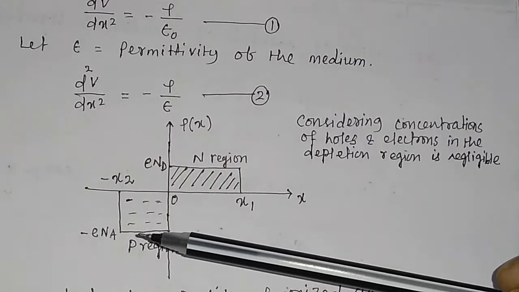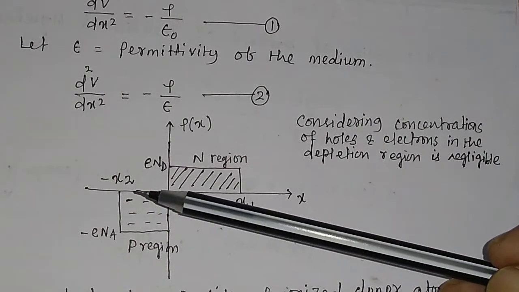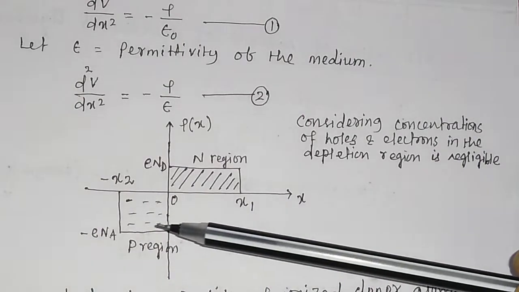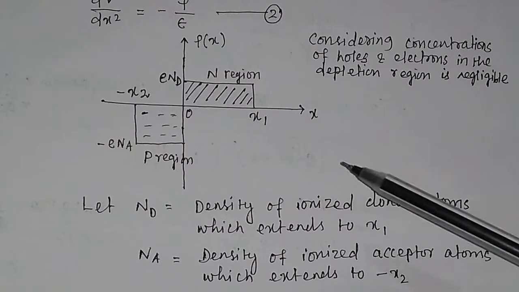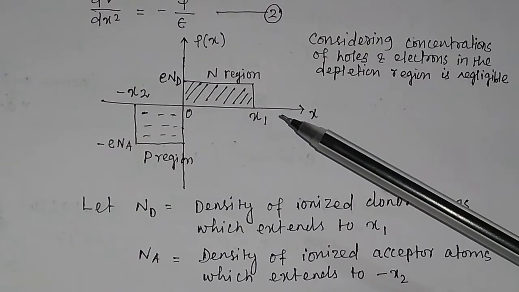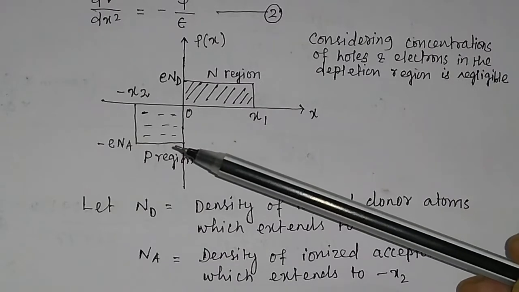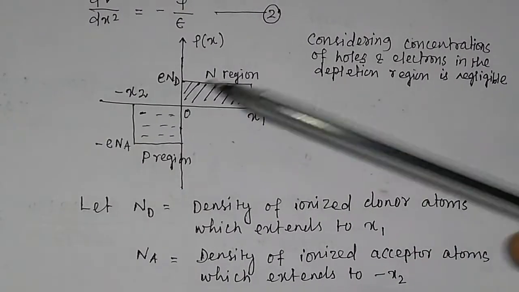And if you take Na as the density of ionized acceptor atoms which extends up to minus x2, then this will be equal to minus e into Na. And here I have taken the N region to extend more in comparison to the P region, that is x1 is greater than x2.